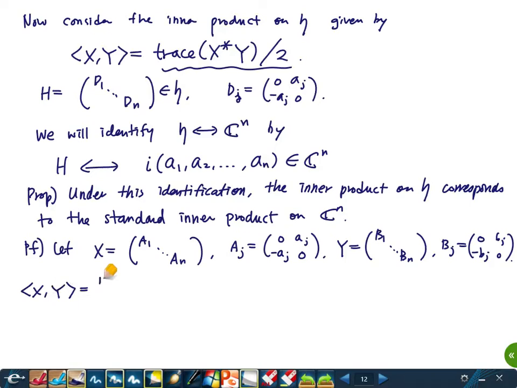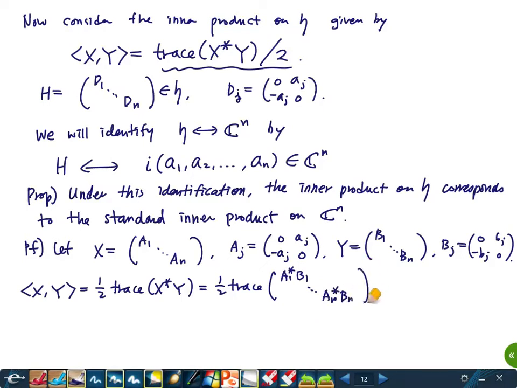This is by definition 1/2 trace of X star Y. What is that? X star is star everywhere, and we multiply them. So it's really 1/2 the trace of the product, which is again a block diagonal matrix, A1 star B1, ..., An star Bn.